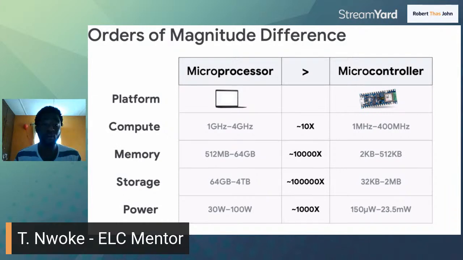It's really huge, running from a full 100 watts to milliwatts of 150, and that is really, really small. And this can be equivalent to the coin battery you have in little remotes and little devices, right?